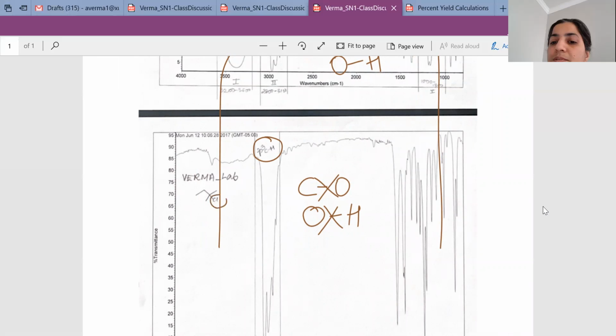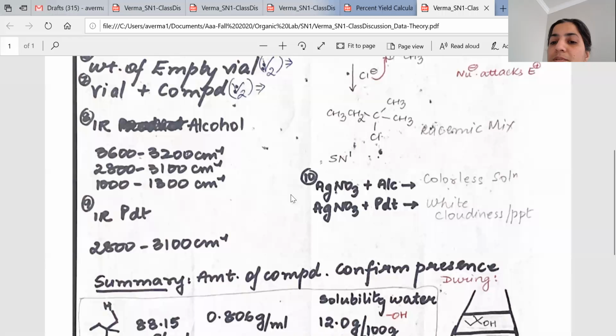So how do we confirm that you have actually synthesized an alkyl halide and not just an alkane? This is where your AgNO3 test is going to help you. When you have a drop of AgNO3 with 2 drops of your starting material, you will observe a colorless solution.